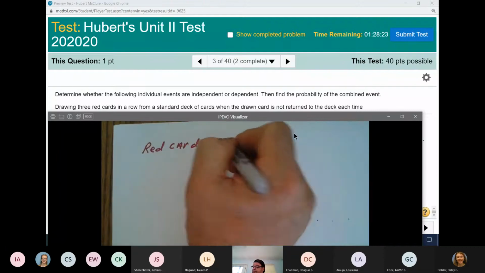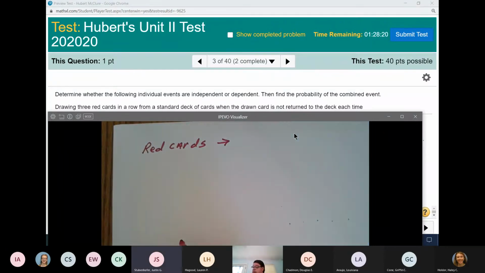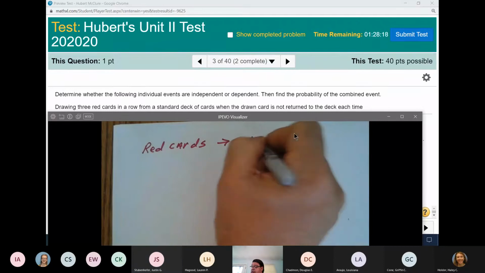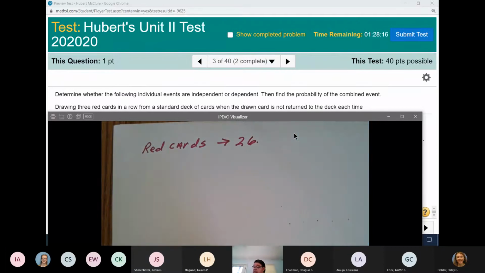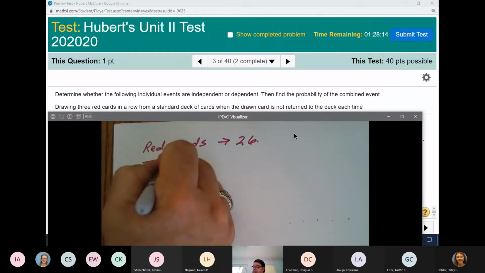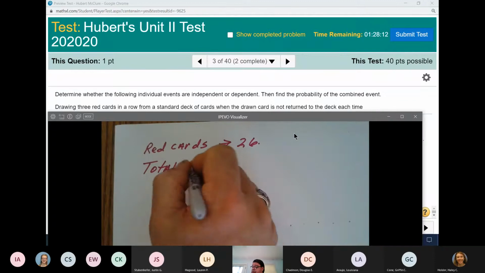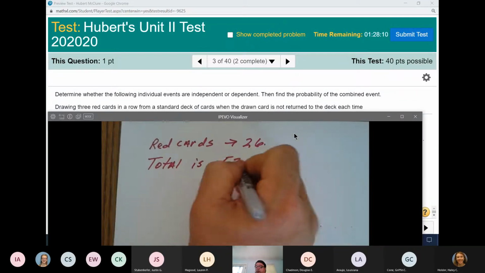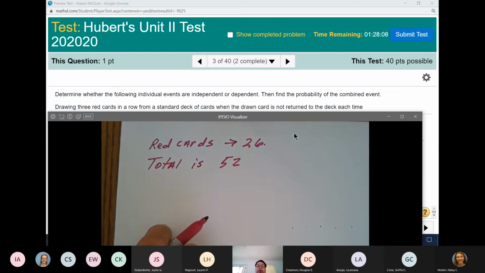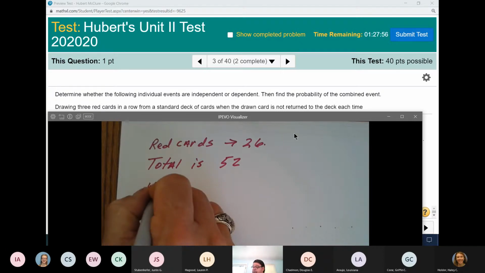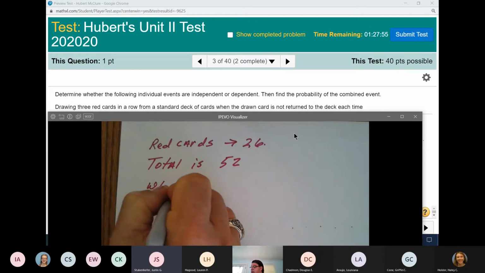Anybody? 26. There's 26. And the total cards is 52. Now, do they have with or without replacement on this? It says the cards are not to be returned to the deck. So that's without what? It's without replacement.